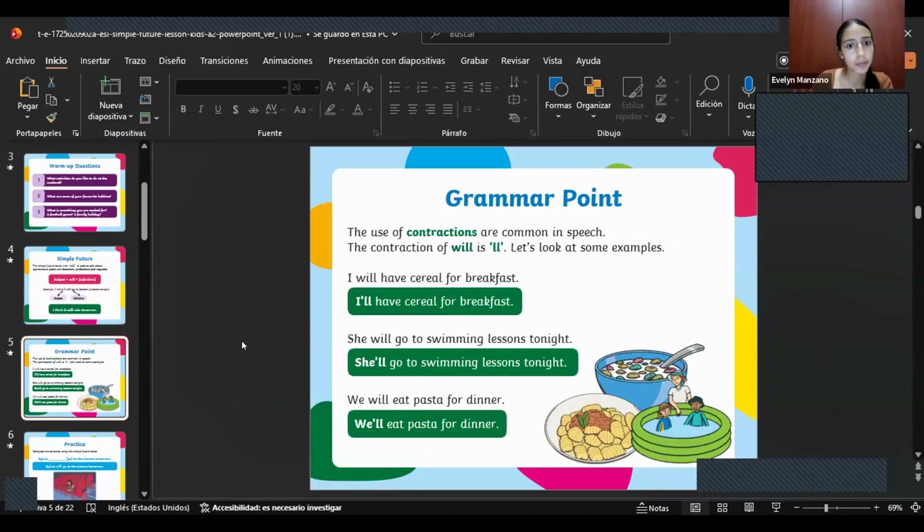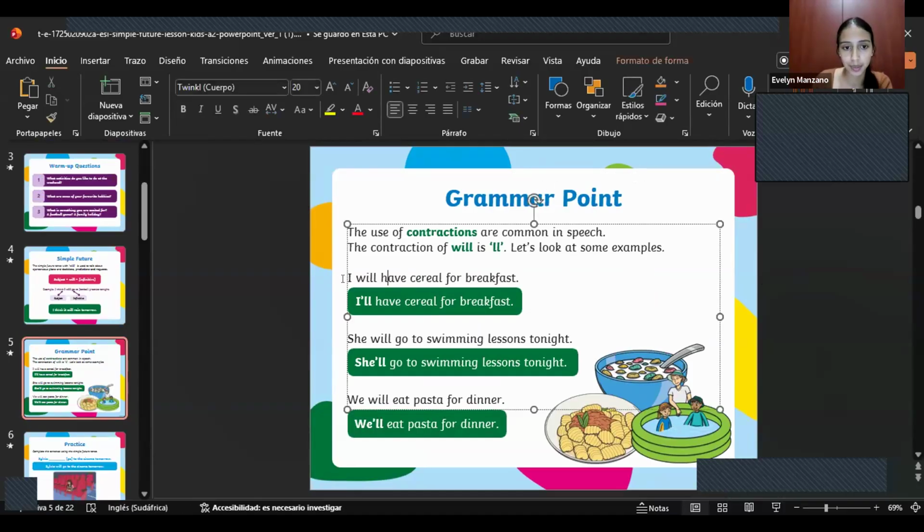Okay, now this is a contraction. The use of contractions is common in speech. The contraction of will is 'll. Let's take the examples. I will have cereal for breakfast. Tell me, when you use the subject I and the contraction of will, what is it?